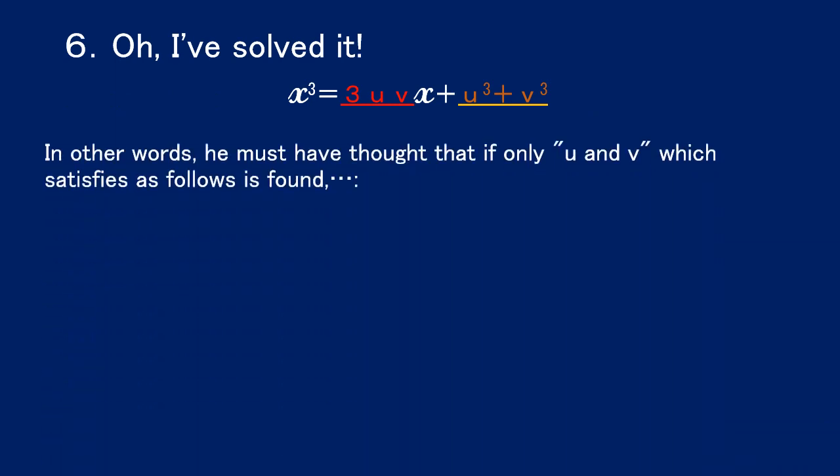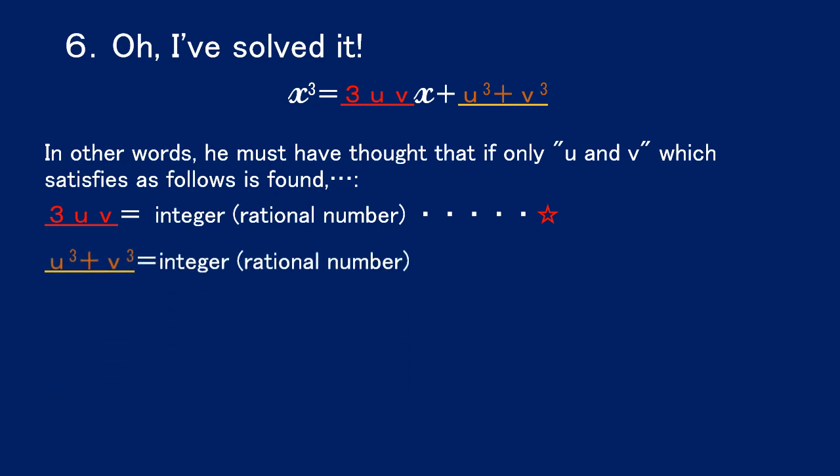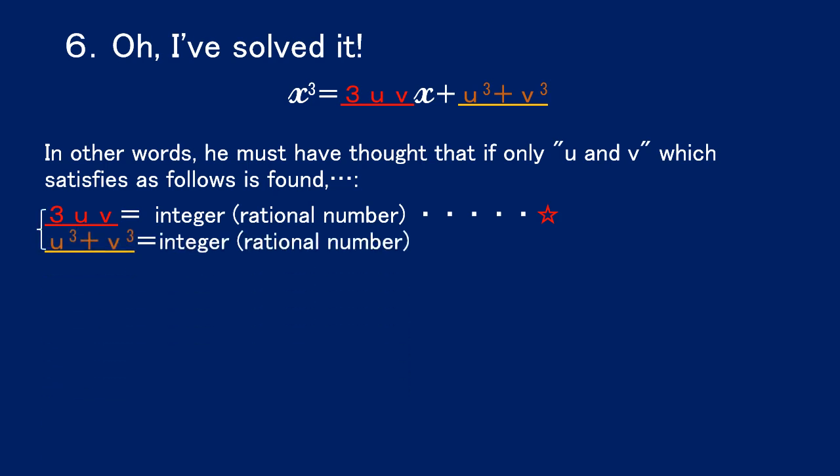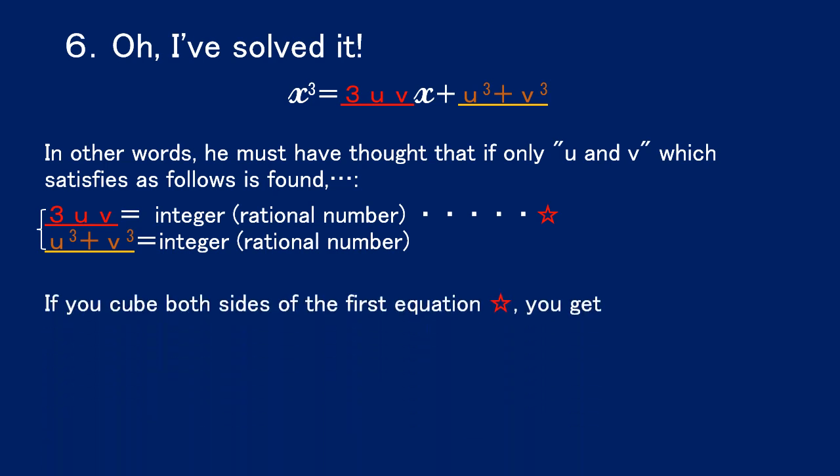In other words, he must have thought that if only u and v satisfying the following are found: 3uv equals an integer, or rational number (star), and u cubed plus v cubed equals an integer, or rational number. If you cube both sides of the first equation star, you get 27u cubed v cubed equals an integer, or rational number.